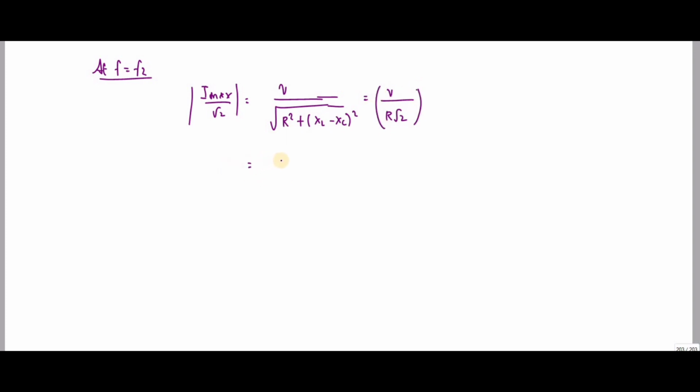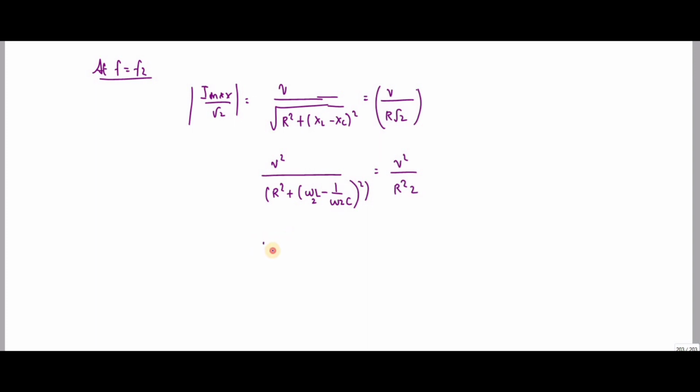So if I square this term, I can write R squared plus (omega 2 L minus 1 divided by omega 2 C) whole squared is equal to 2V squared by R squared.